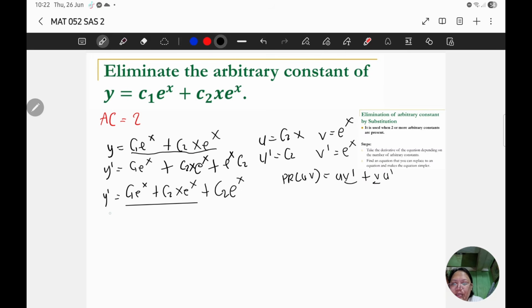So we can replace c sub 1 e to the x plus c sub 2 x e to the x with y. That is by substitution.